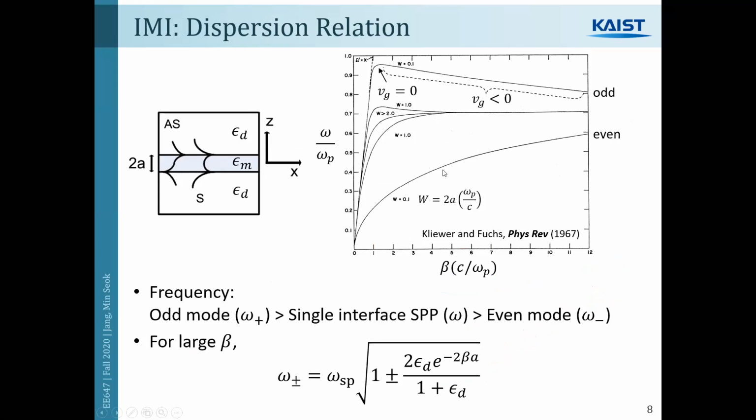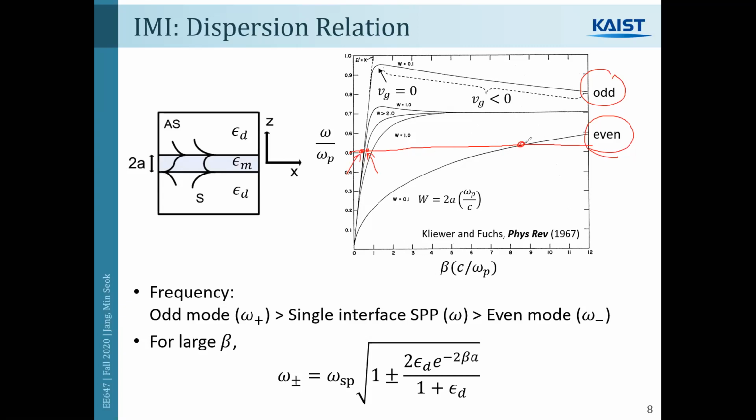Now let's look at the actual dispersion relation. This is your dispersion relation of the IMI waveguide. Here's the even mode and here's the odd mode. Again, at the same frequency, this is the single interface plasmon, this is the odd mode, and this is the even mode.